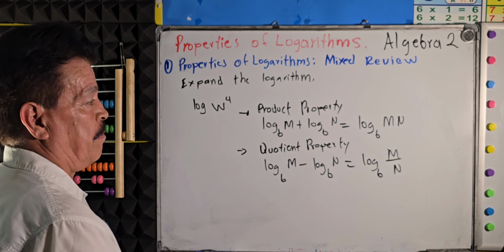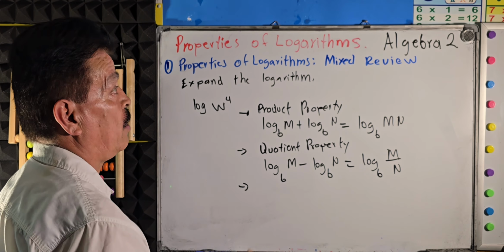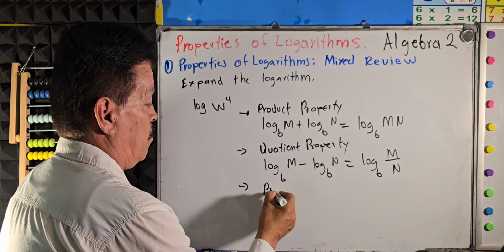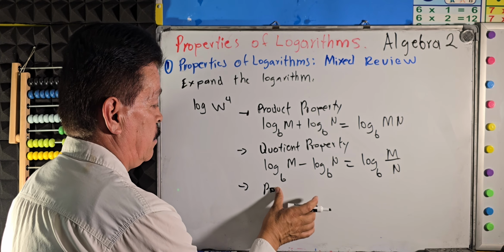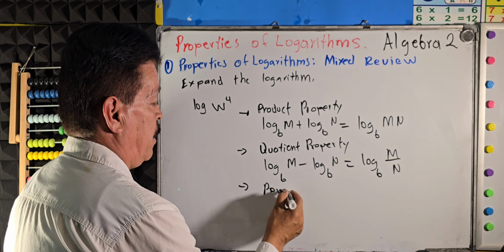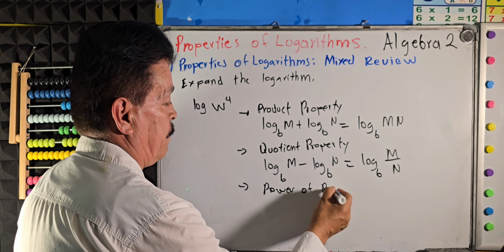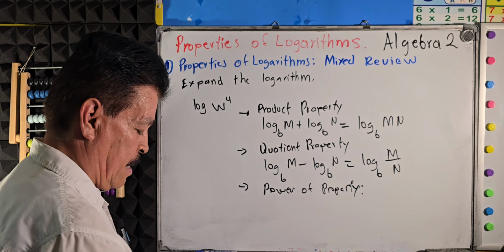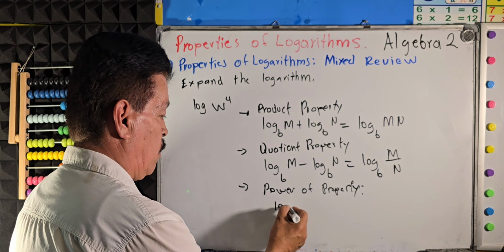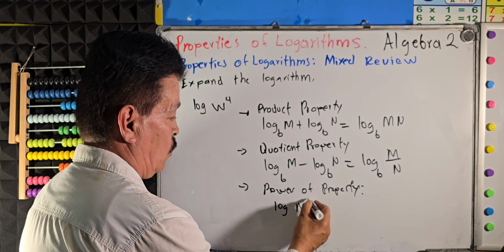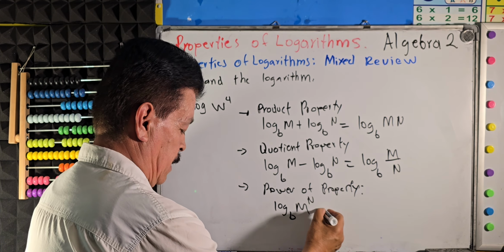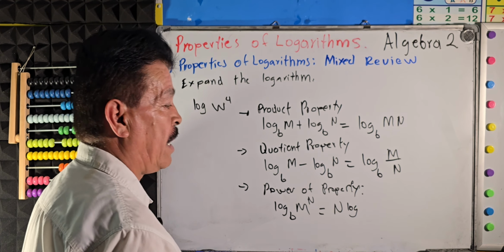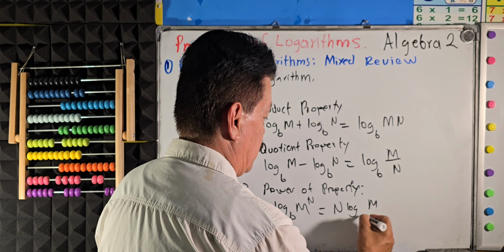Another idea is the power property. These are the properties of the logarithms. This property is like log m to the n with the base b equals n times log m with the base b.